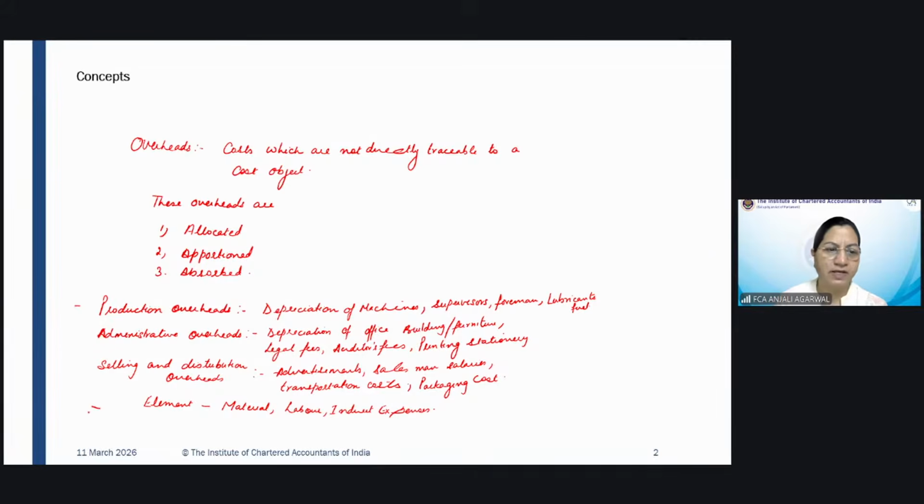Another way of classifying is whether they are fixed, variable, or semi-variable. So here, if the legal fees paid to the lawyers or directors are fixed, then it becomes a fixed expense. Similarly, if you have permanent salesmen and you make payment to them, that becomes a fixed expense.